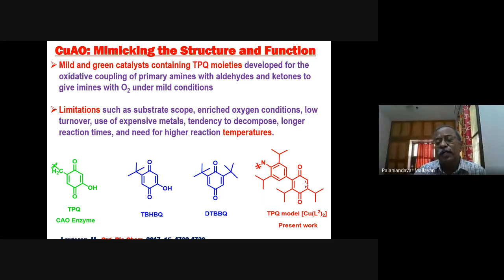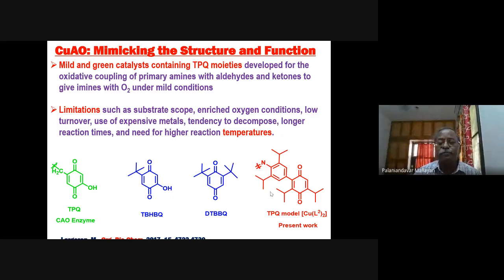Within half an hour, this was formed. So very fast, very pure form. 99% of this catalyst was generated containing copper. So both copper and this topoquinone moiety were assembled together in one particular catalyst. That is the biggest discovery, which I consider very important in my career also.